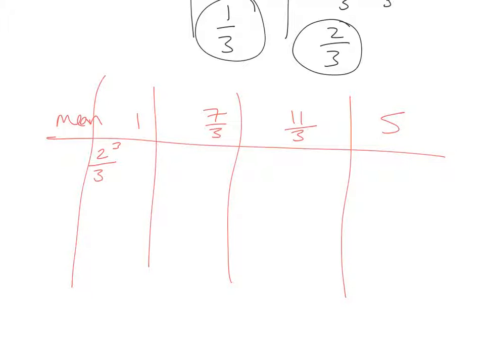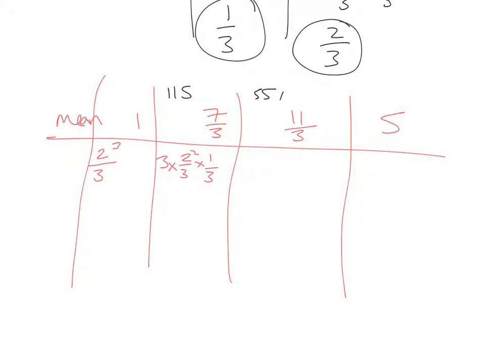The probability of the mean of 7/3, remember that was where we had a combination of 1, 1 and 5 in 3 different combinations. So it's 3 times 2/3 squared times 1/3. This one here was where we had 2 5s and a 1, again in 3 possible combinations.